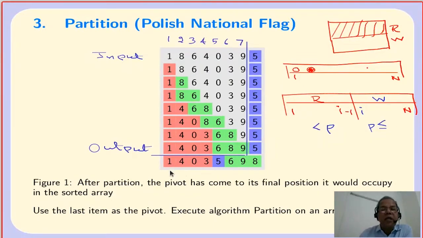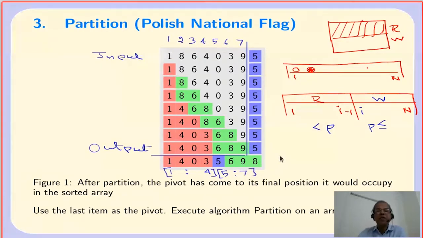The red subarray is from 1 to 4, and the green subarray is from 5 to 7.